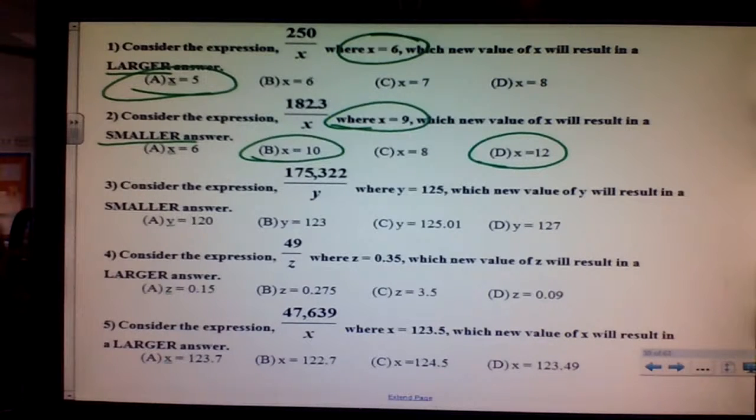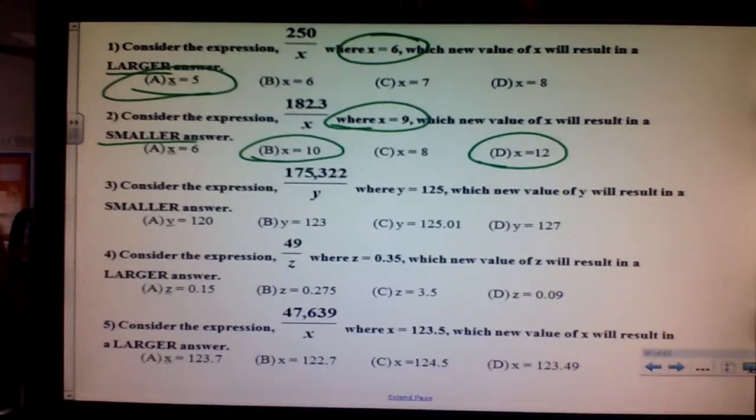I'm not saying that 10 is right. I'm not saying that 12 is right. I'm just saying if I want my answer to go smaller, I need to divide by something that is bigger than 9. So I just put, gotta be bigger than 9. We're going to actually talk about the guessing. I'm just trying to get you into the right mindset right now.